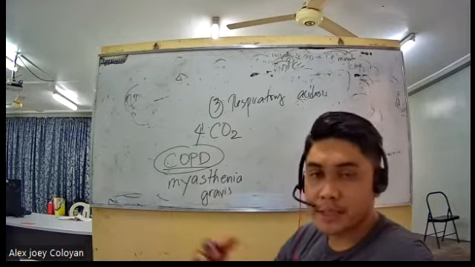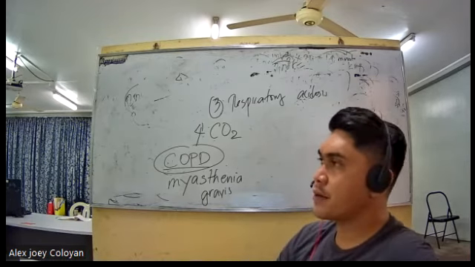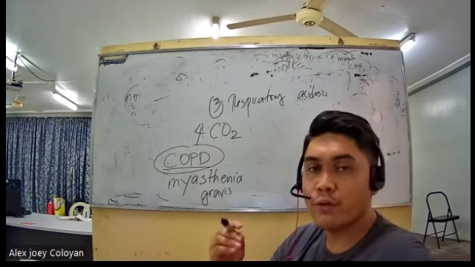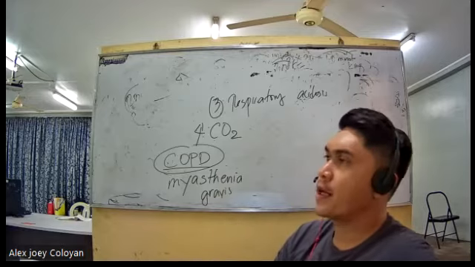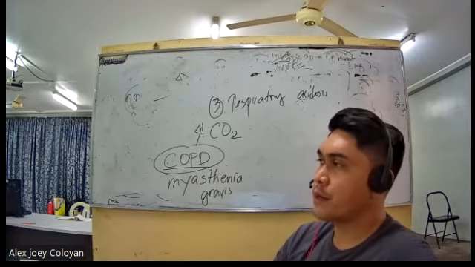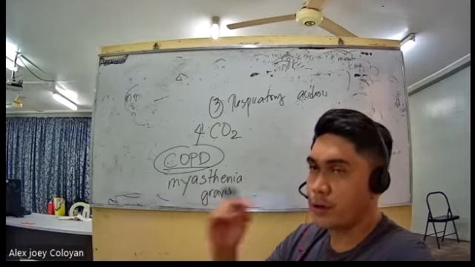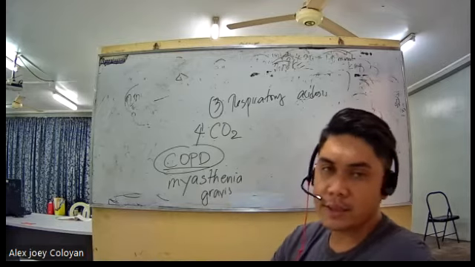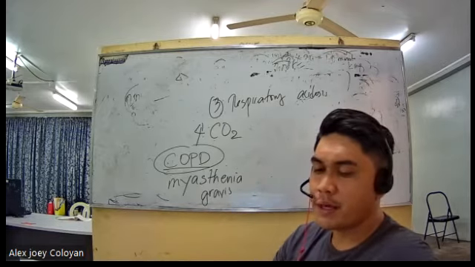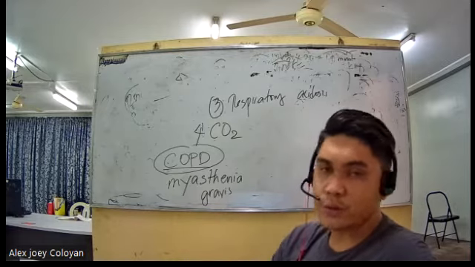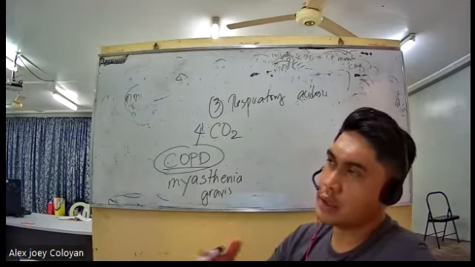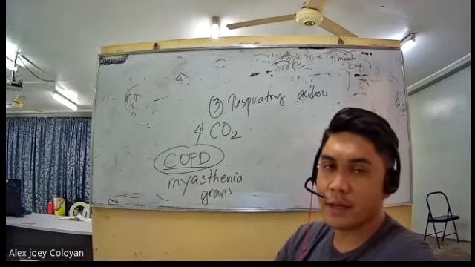Myasthenia gravis is an autoimmune disorder where the autoantibodies attack the connection, or the nerves.